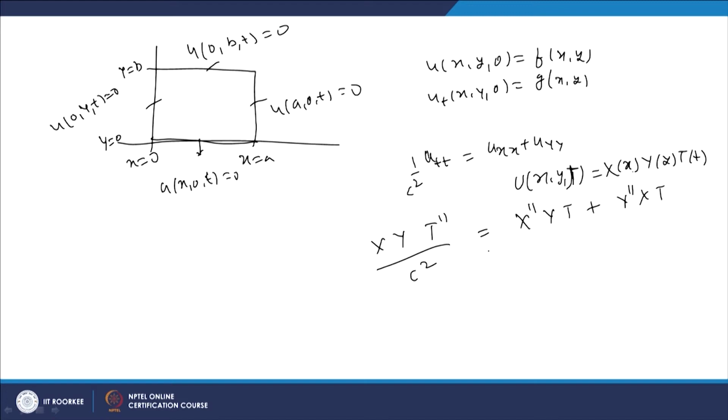Now, dividing by XYT, you will get T double dash upon c square T equal to X double dash upon X plus Y double dash upon Y. Now this is a separation constant. Why are we separating this?